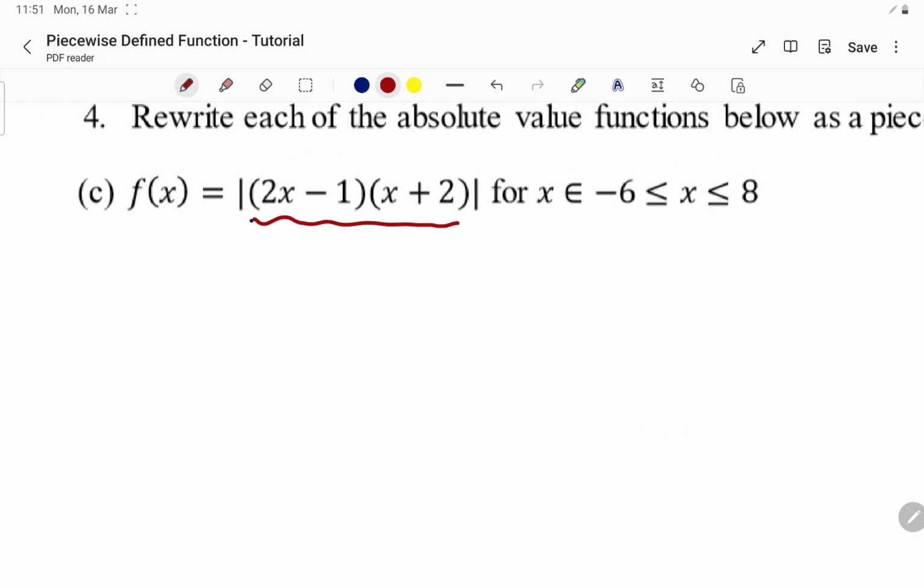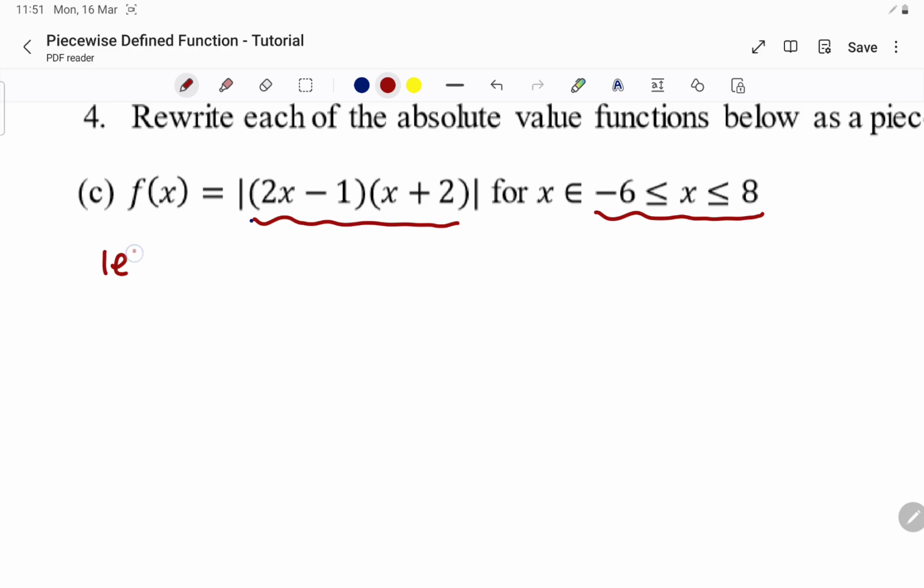So the step is the same, and the difference from the previous question is you're going to have two expressions, and also the domain that they provide to you. The domain that they provide to you is negative 6 until 8. So we have to consider this as well as our region.